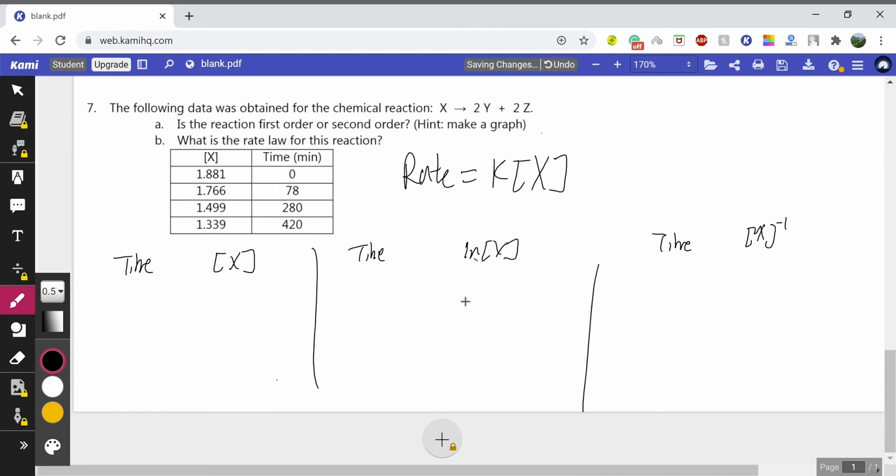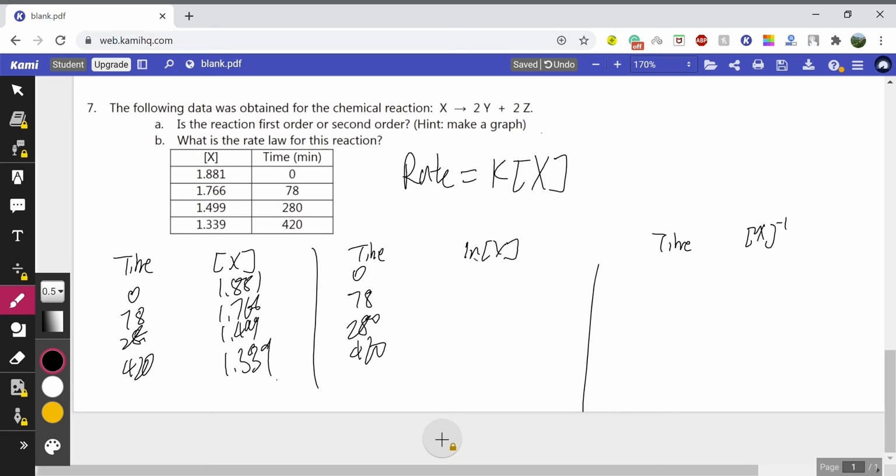First, we're given times 0, 78, 280, 420. That gives you 1.881, 1.766, 1.499, 1.339. Next, you're going to have to use ln for the same exact data points. So instead of using 1.881, you're going to use the natural log of 1.881, which is 0.6318.